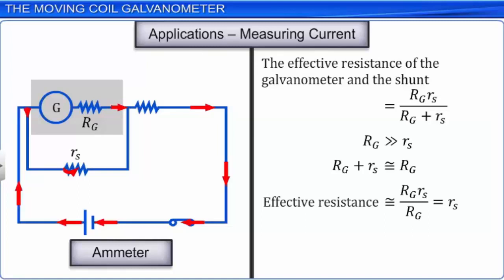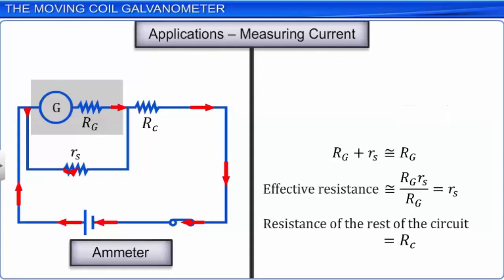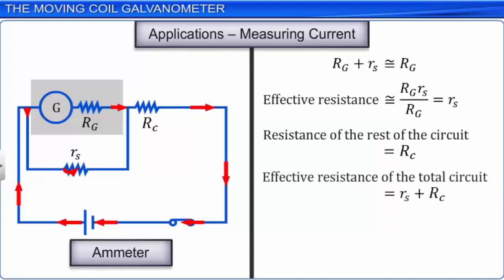The effective resistance of the galvanometer and the shunt resistance is in series with the resistance of the rest of the circuit. Let the resistance of the rest of the circuit be denoted as Rc. Thus, the effective resistance of the total circuit is equal to Rs plus Rc. But the value of the shunt resistance is a lot lesser than the resistance of the rest of the circuit. That is, Rs is extremely small as compared to Rc.